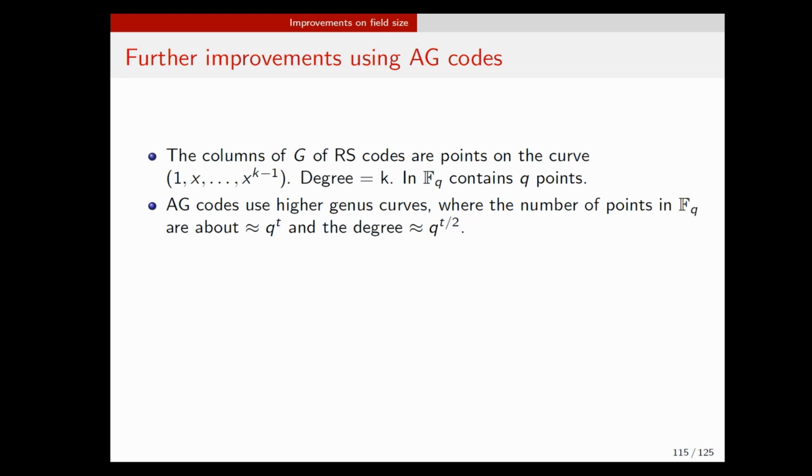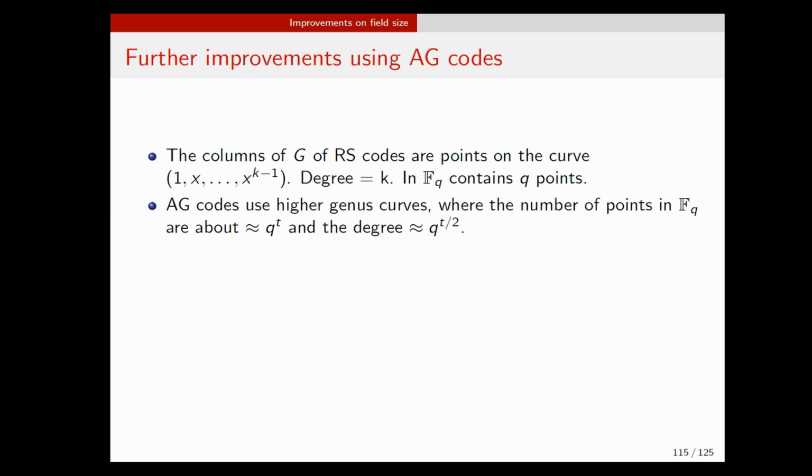AG codes are basically using higher genus curves. One magical property of these higher genus curves is that they actually contain much more than q points in F_q. It's an interesting exercise to sit and try to think of a curve which contains more than q points in F_q, and you'll soon realize that any curve we come up with is not doing that, because intuitively the curves we usually write down are genus 0. It's a little hard to write down a higher genus curve.